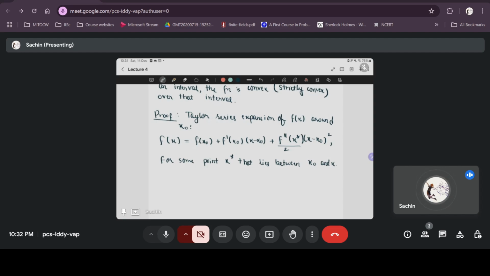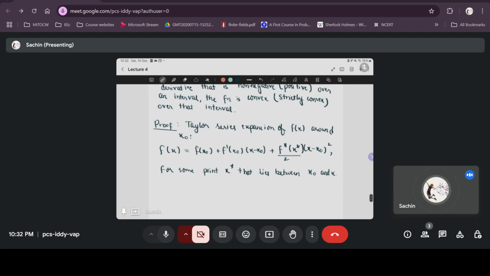So it's an infinite series, but you can replace the tail end of that series with the term that is of one degree smaller. So if you want to replace all the terms after the third derivative, then you can replace it by evaluating the second derivative at some point.